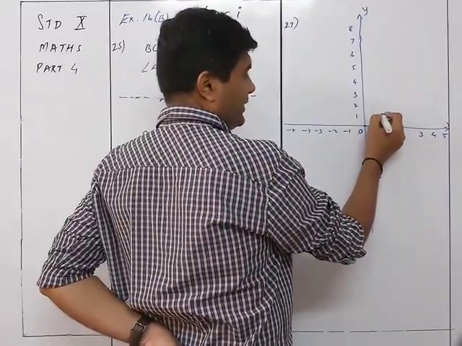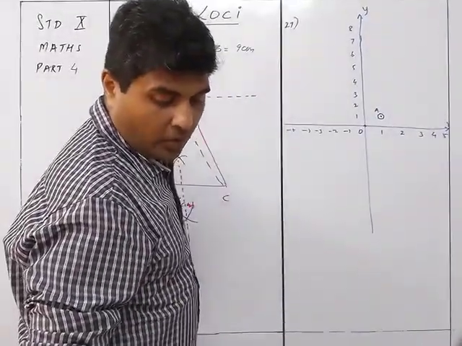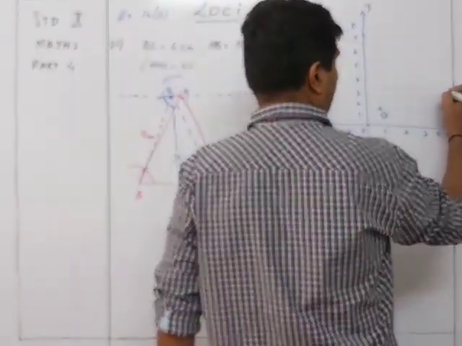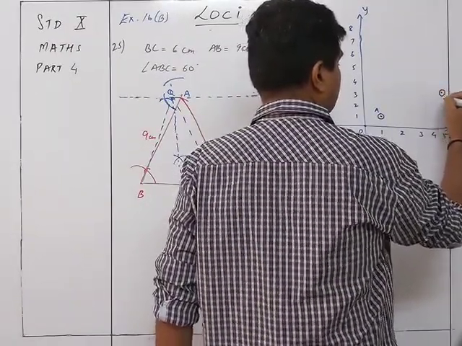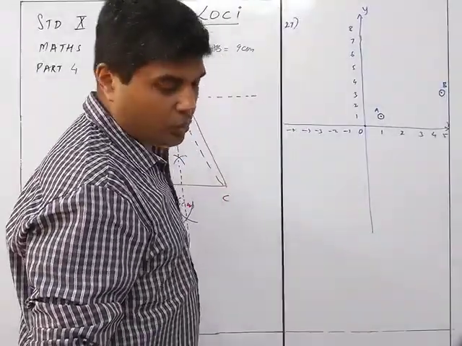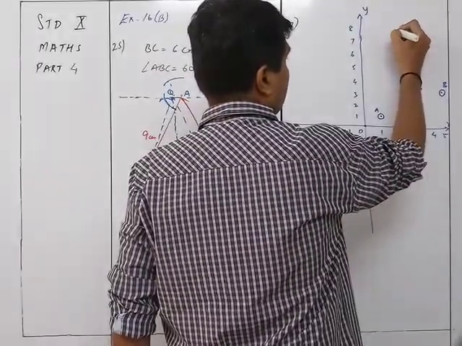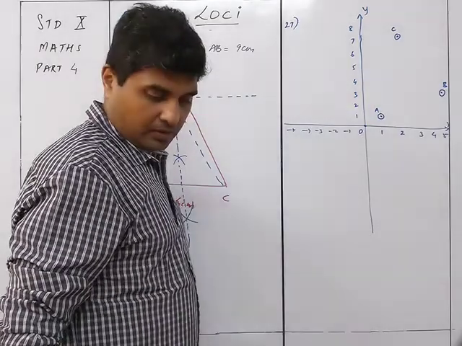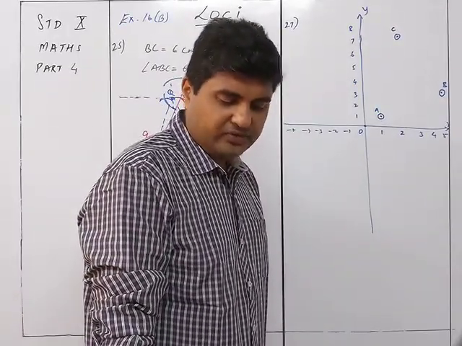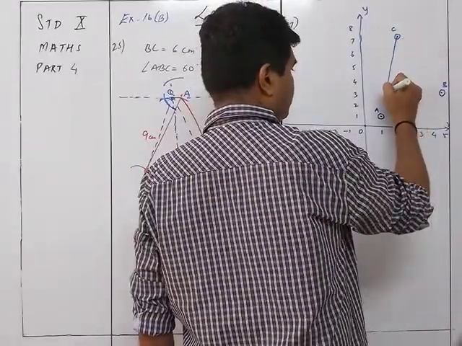So this is your point A, which is 1, 1. You want point B, 5, 3. So 5, 3 will be over here. This is point B. Then you have the point 2, 7. So 2, 7 is over here. 2, 7 is C. Okay. You need to construct the locus of the points equidistant from A and B. So you need to first join this triangle.